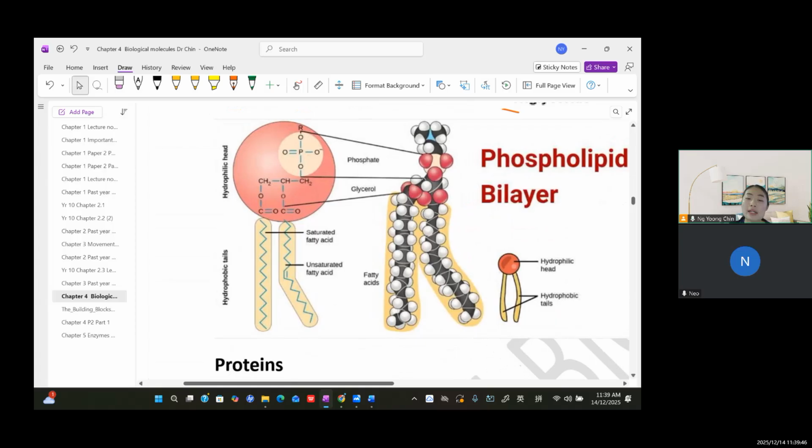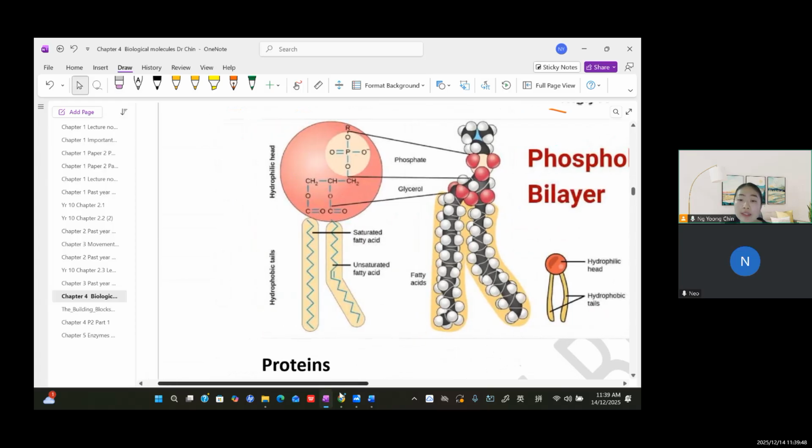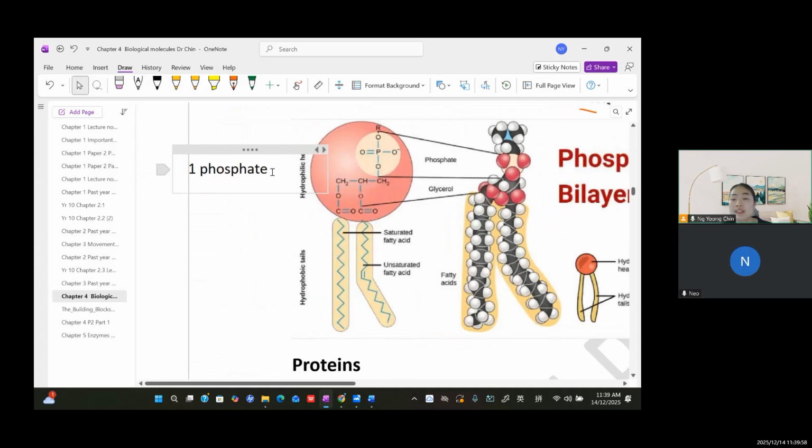The phospholipid has only 1 hydrophilic phosphate head, because it contains the phosphorus atom. The phosphorus is charged because of the phosphate ions. They contain 1 phosphate head and then 2 fatty acids.